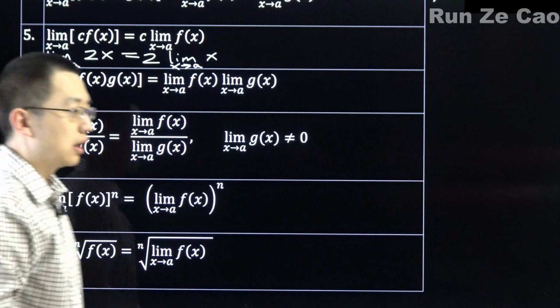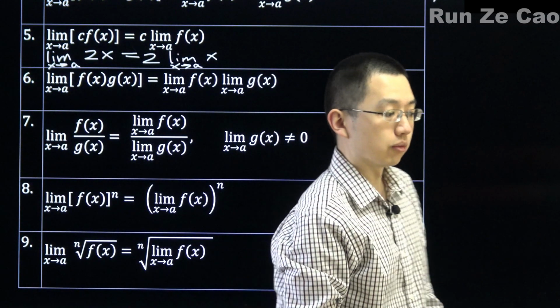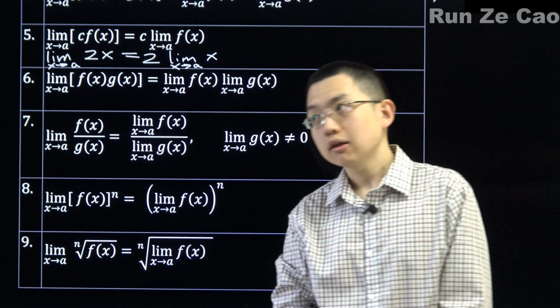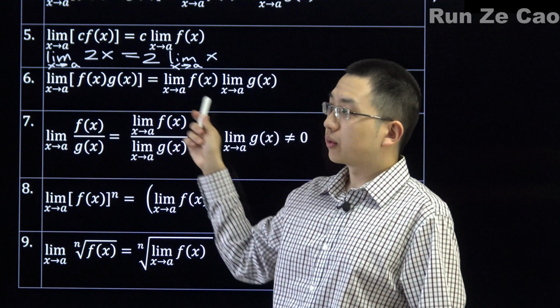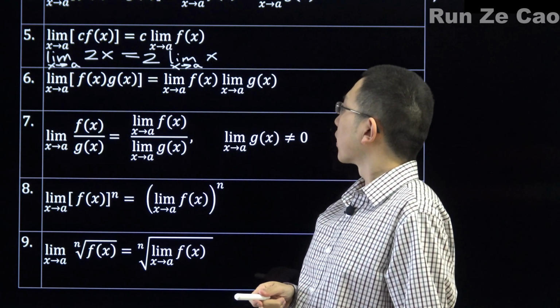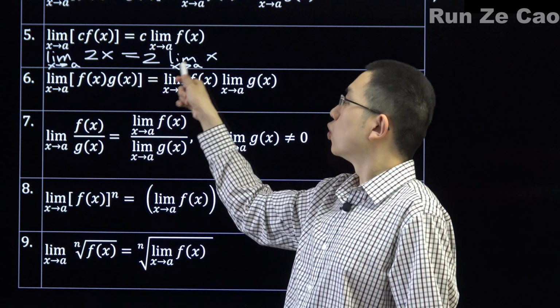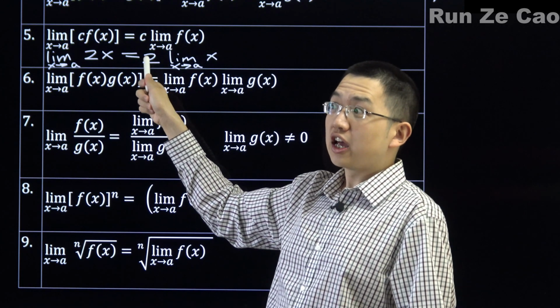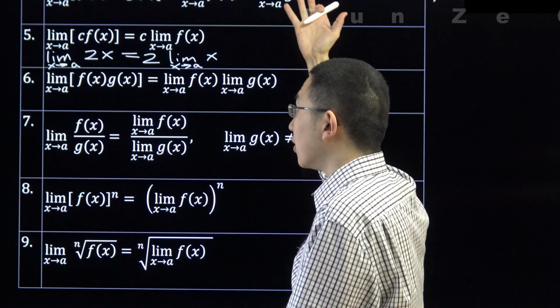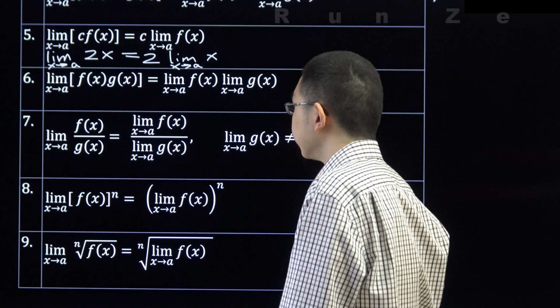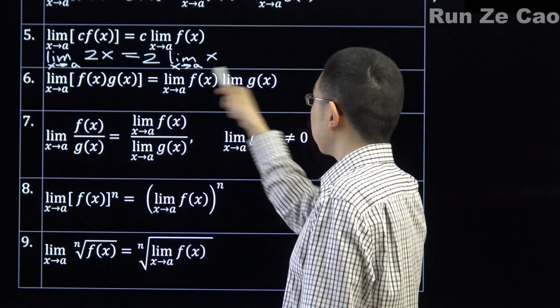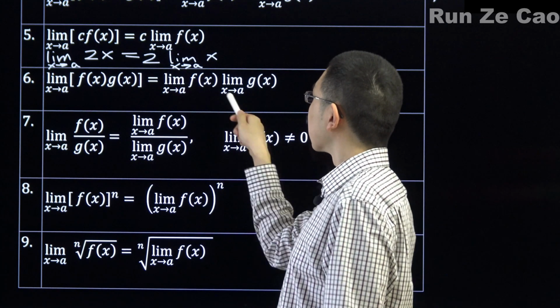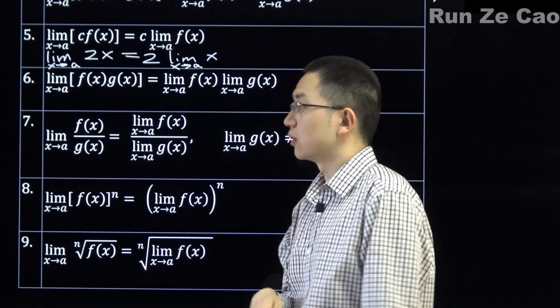Of course, what happens when we multiply these things? When we multiply two expressions, wait a second, guys. This 2 here can be taken as g of x. So in a sense, this is the exact same as this if the 2 here was g of x equals 2.